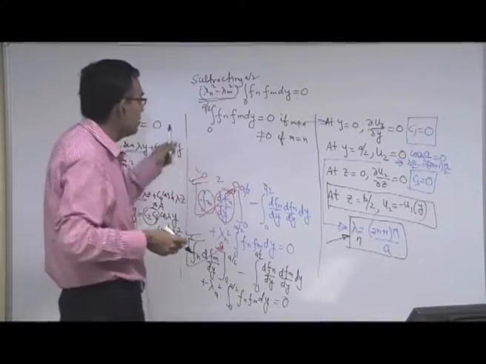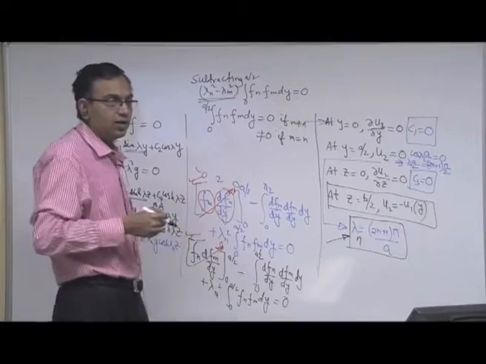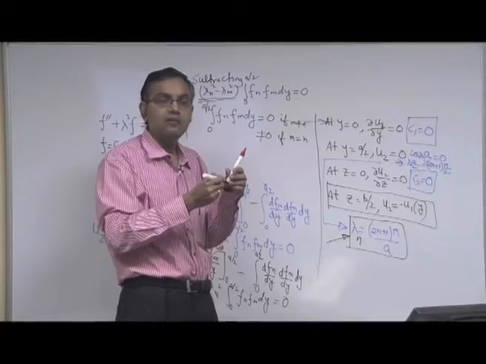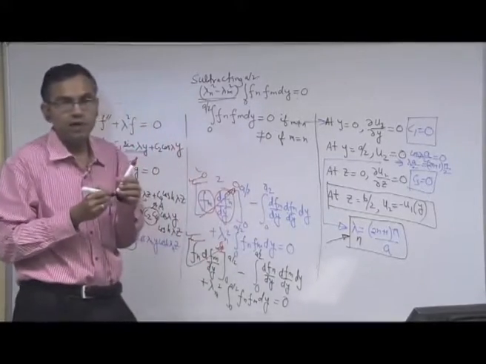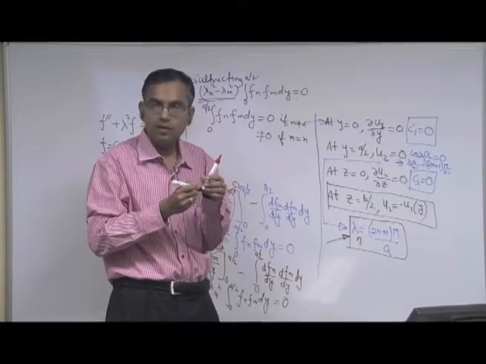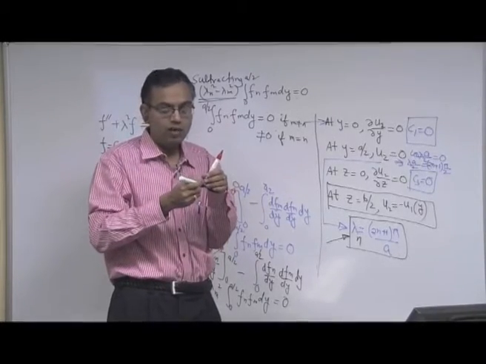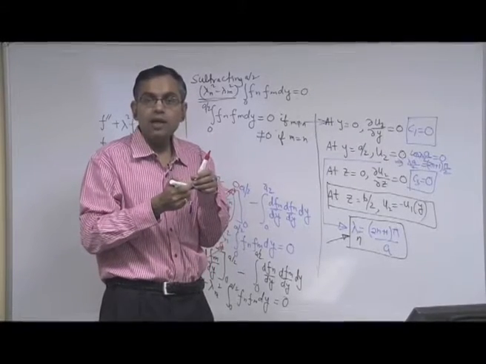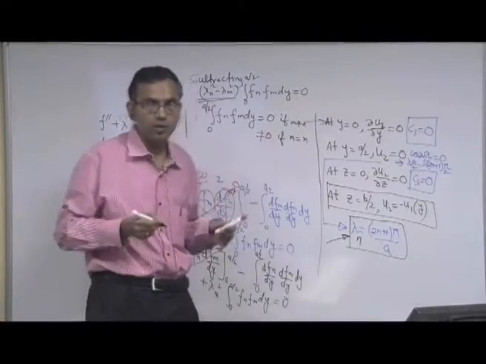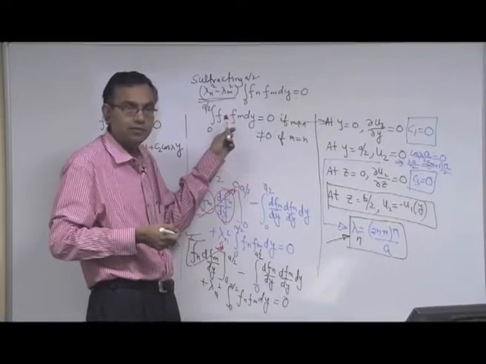So, what is basically happening here, in the function space, when you write orthogonality, what does that mean? Forget about functions, just take an example of a vector. If two vectors are perpendicular to each other, then what is their dot product? Dot product is 0, right. Dot product means one component of this vector multiplied with the corresponding component of the other vector, and that is summed up for all components. So, here instead of the vector components being multiplied, it is the functions being multiplied.